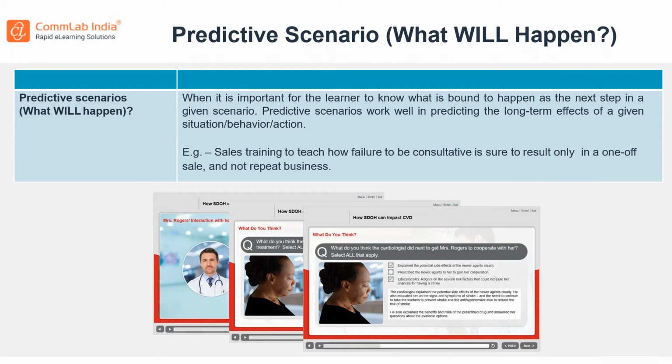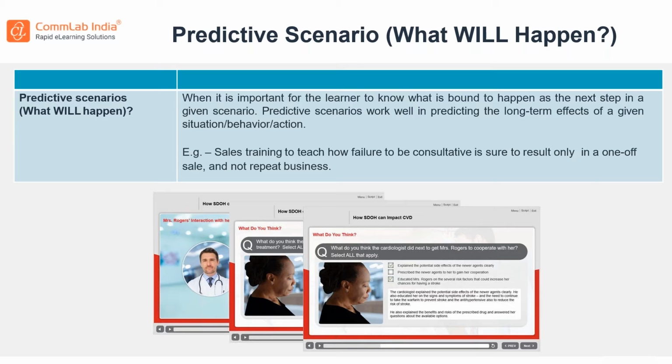Now, the third type of scenarios are the predictive scenarios, which, as I mentioned earlier, are about what will happen. This is important when you want to drive home the point to the learner that something is going to be definite if they select a given choice.